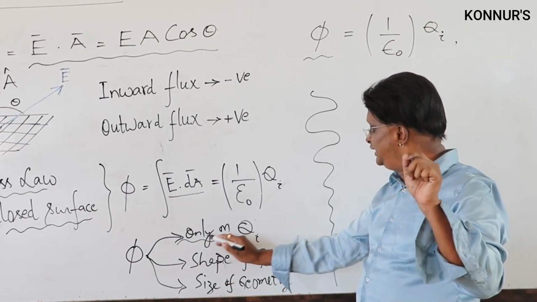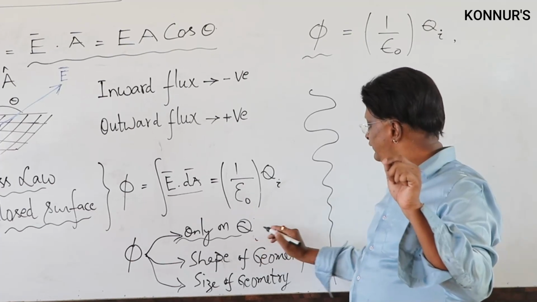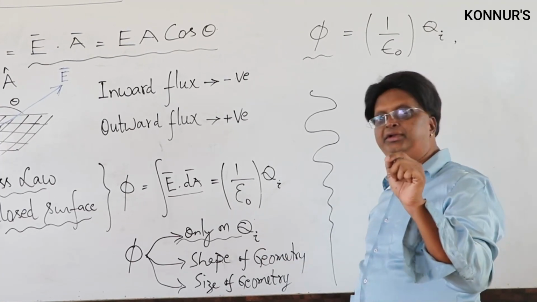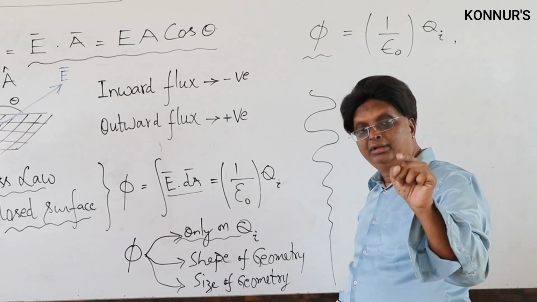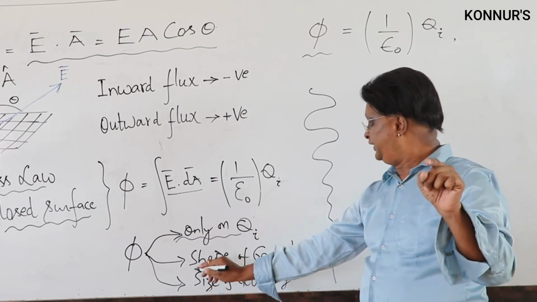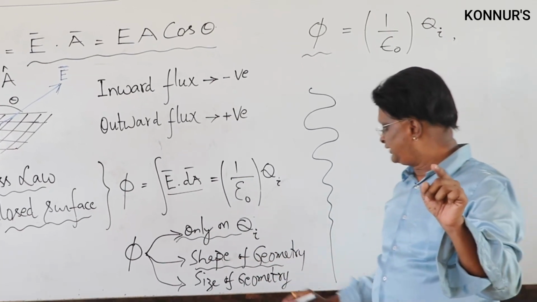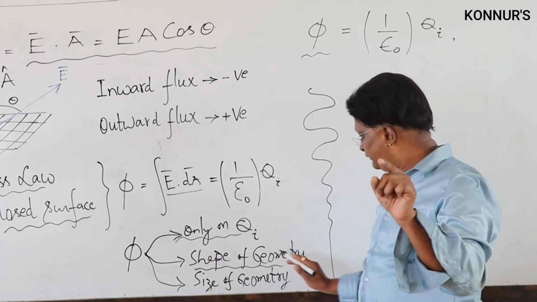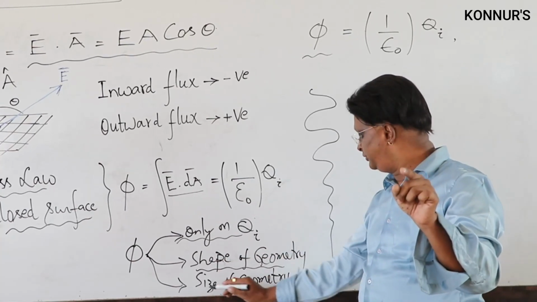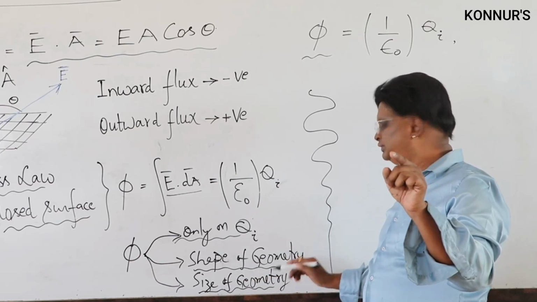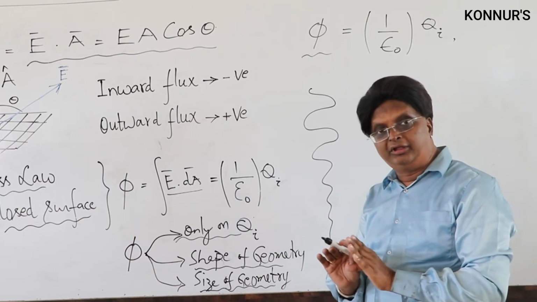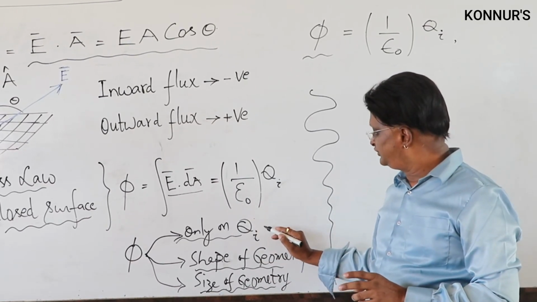So it is only depending on the net charge which is present inside the enclosure. Please do take these 2 points very carefully, that it does not depend upon the shape of the geometry and also does not depend upon the size of the geometry. Only depending upon the net charge enclosed by this one.